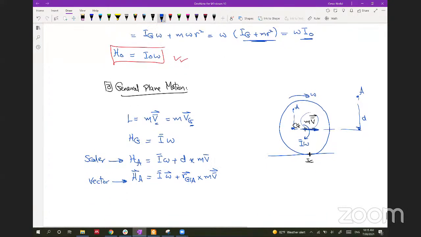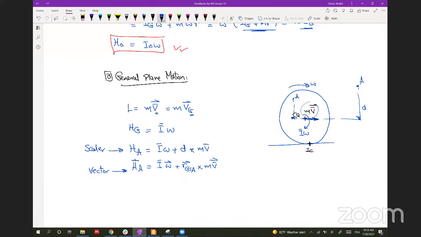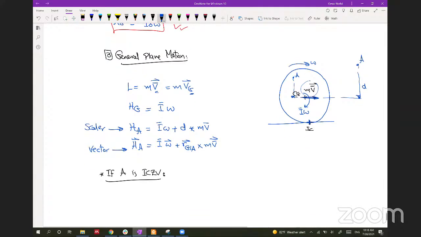Okay, so what about if we take the angular momentum about the instantaneous center of zero velocity? So let's say A is an instantaneous center of zero velocity. So the angular momentum about the instantaneous center will be equal to the mass moment of inertia about the instantaneous center multiplied by omega.